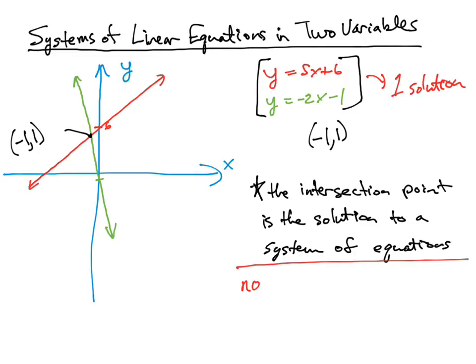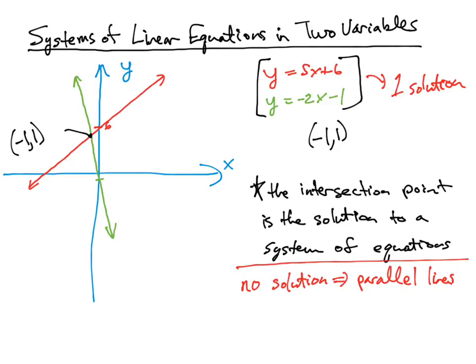So if a system has no solution, that means parallel lines. The two linear equations would be parallel. Another way of talking about that would be the two lines have the exact same slope. If the two lines have the same slope, those lines are parallel. They don't intersect, so we would have no solution.